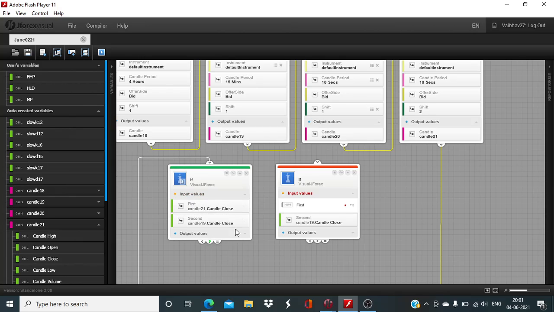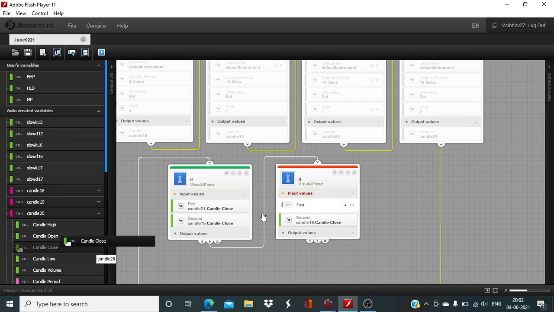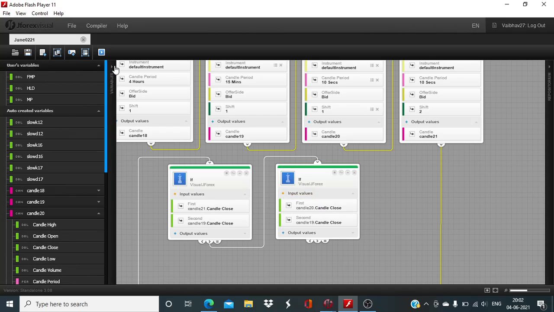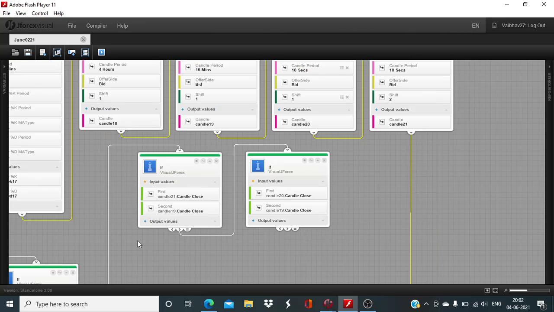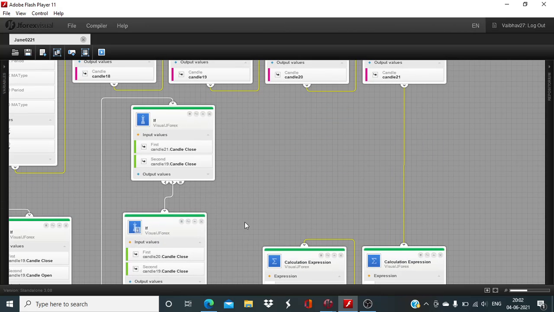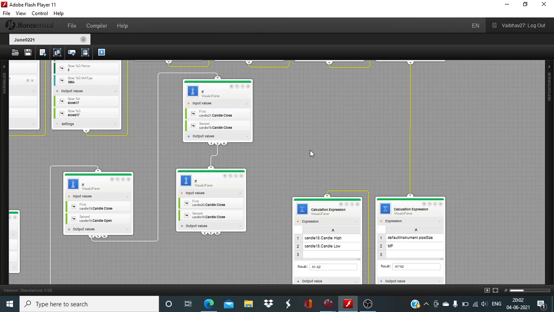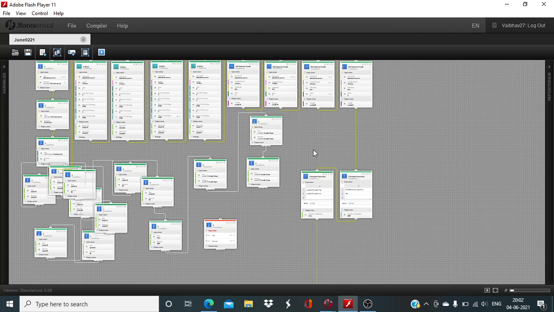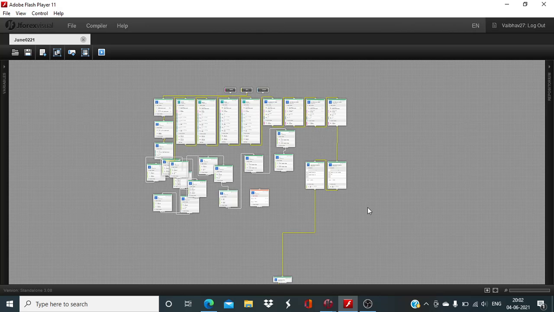This should have been first input greater than second input, and after that candle 20 should have closed lower. So with this, I think we are done with defining the conditions.